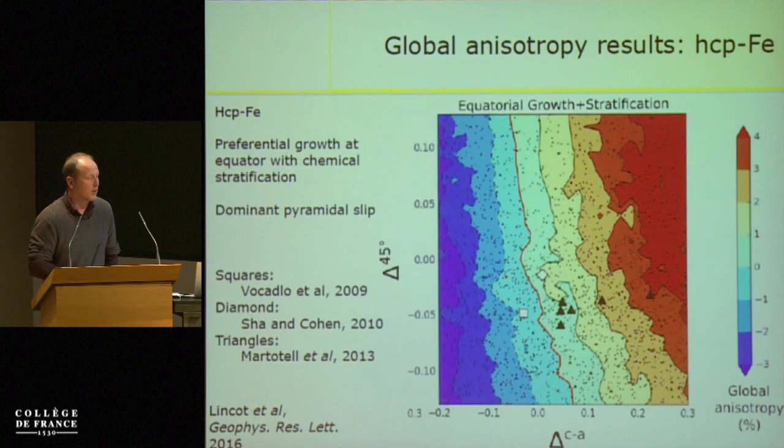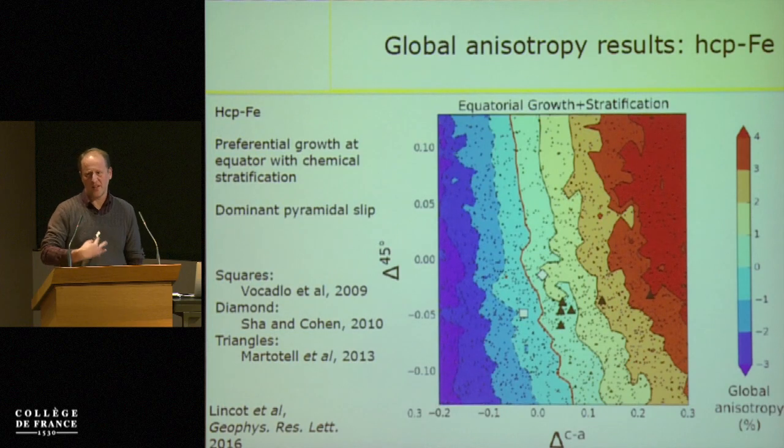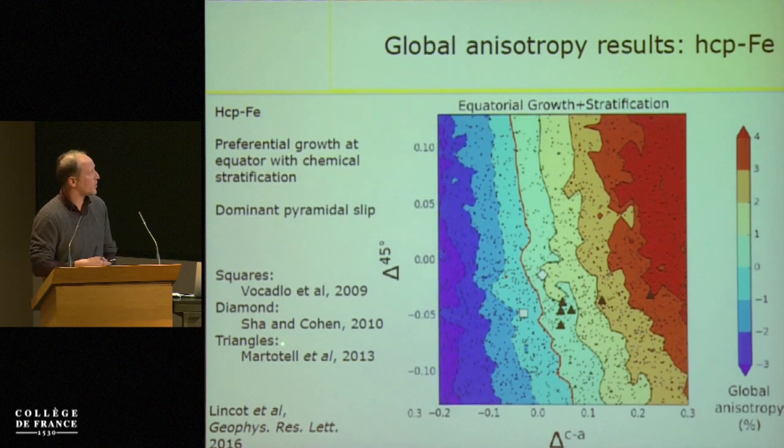Now, how do those elastic constants compare to what was in the literature? When we started the work, there were two papers from Lidunka Vocadlo and Shah and Cohen. They were finding very isotropic HCP iron at inner core conditions. But afterwards, after we were working on that, the London group came up with the idea that when iron is getting close to the melting temperature, the elastic properties of iron change a lot, and as it reaches melting, it becomes very anisotropic, and it goes right into the range that we need.